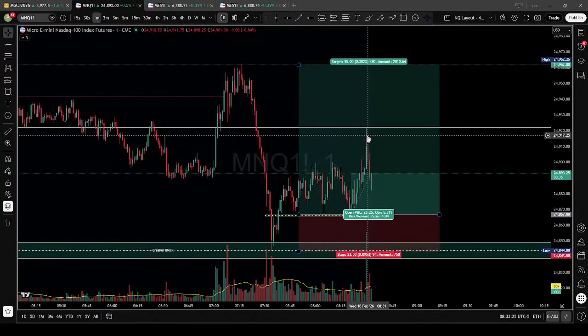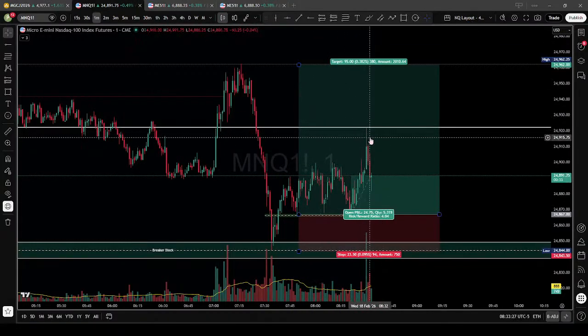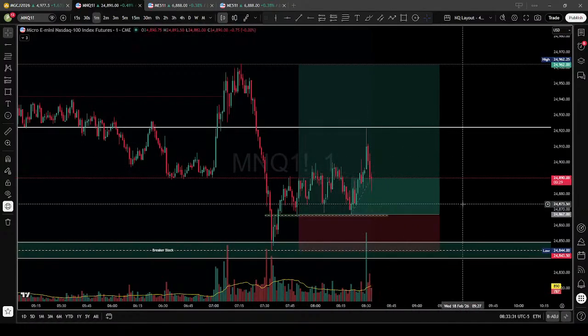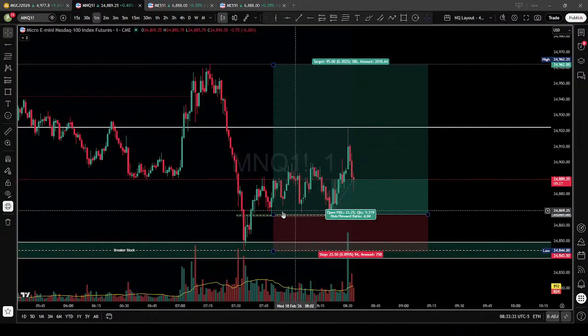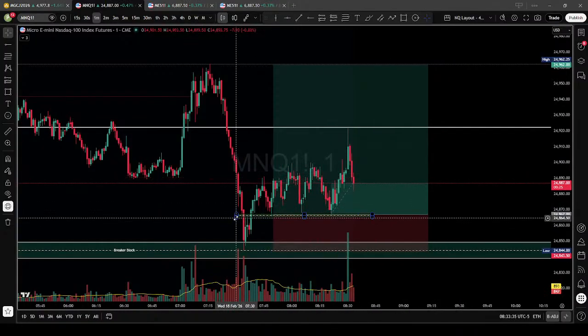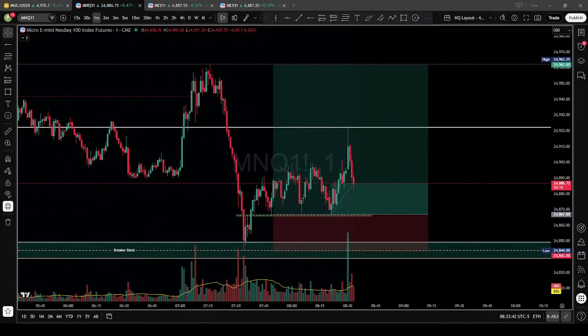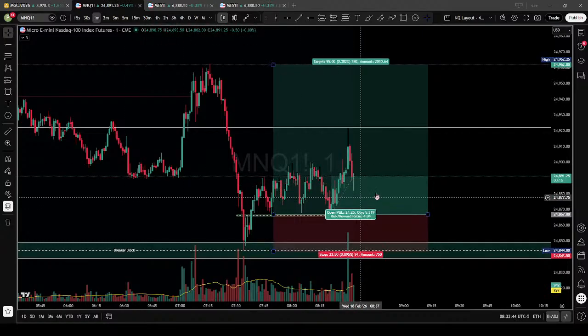The price is continuously moving up higher, testing highs. It's not testing lows. Kind of too choppy right now. Price is just going high, coming down, coming back again, and so on.